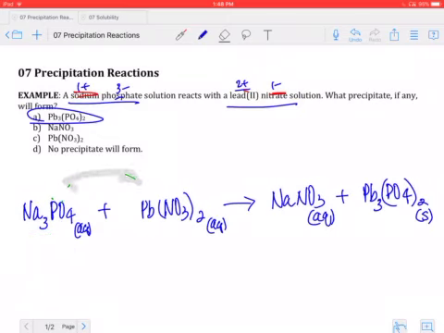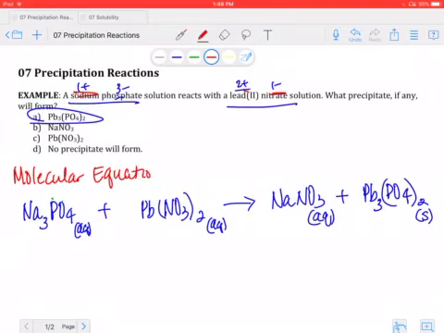So we're going to introduce three different types of equations or reactions. This is going to be what's called the molecular equation. And then we're going to define a complete ionic equation and a net ionic equation. So this first one is the molecular equation, and the molecular equation is just giving you the overall picture of things.